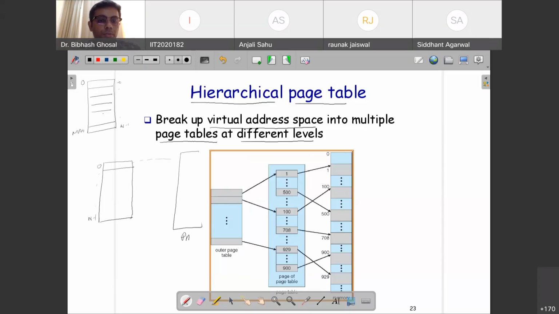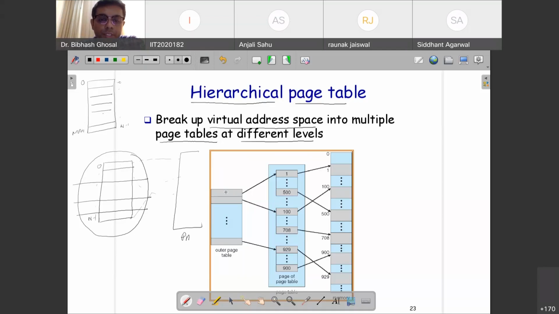This maps to here, this maps to here, this maps to here. In this way, you mapped. But if this is very large, it is creating a problem. So what we will do is split this as well into a number of pages. The page map table is also split into a number of pages.